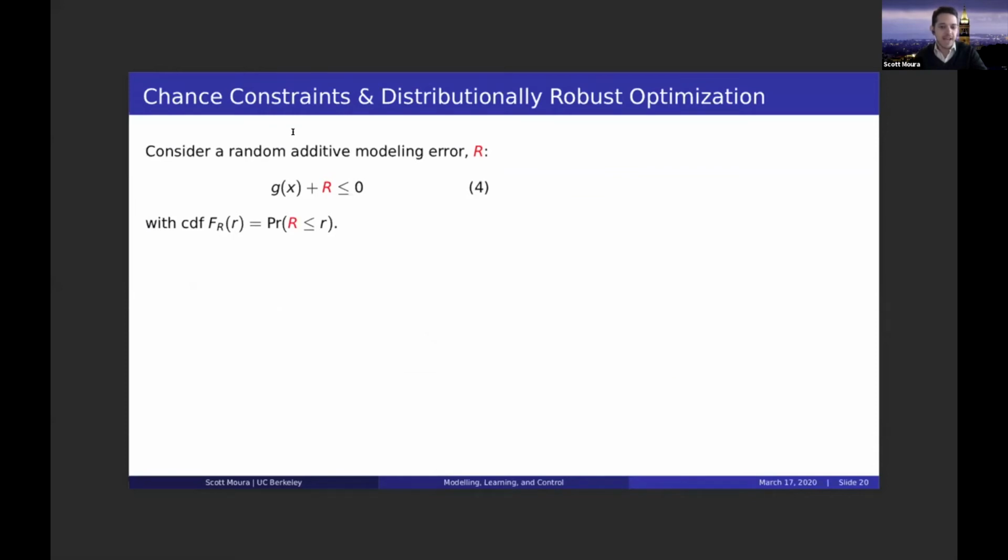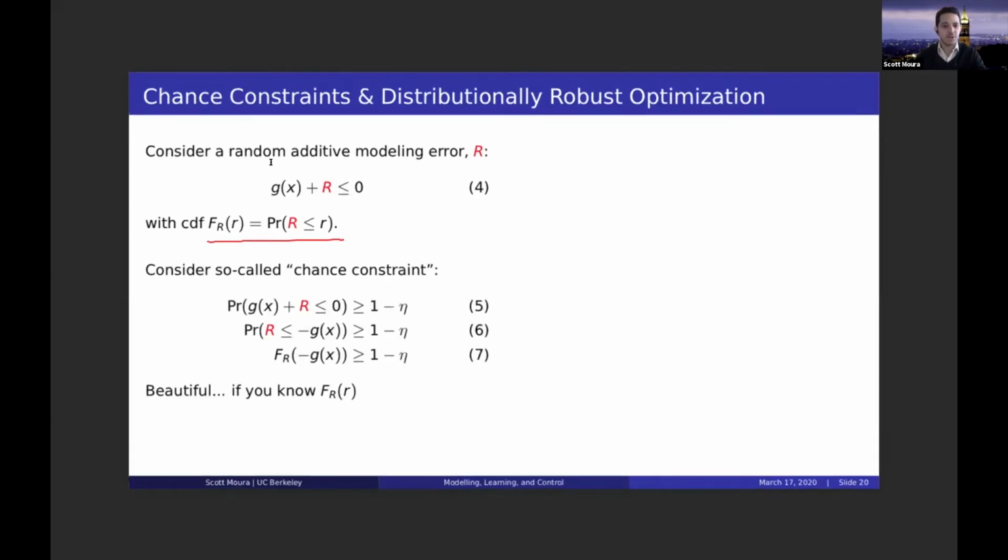Now, if I have this random variable and I want to satisfy this inequality, I can do so if, for example, I know the cumulative distribution function on random variable R given by capital F, which is the probability that random variable R is less than some given value little r. Okay. So we can formulate what's called a chance constraint.